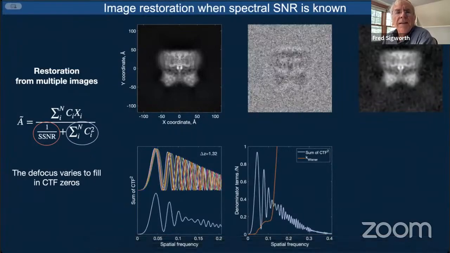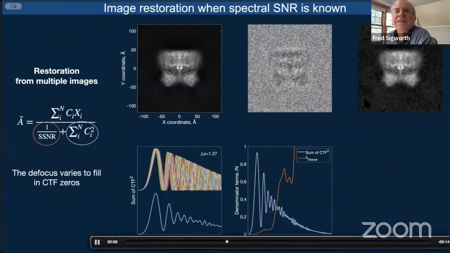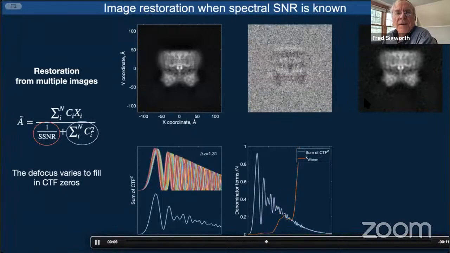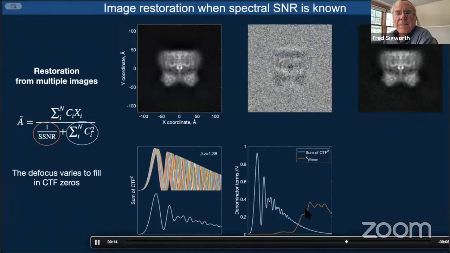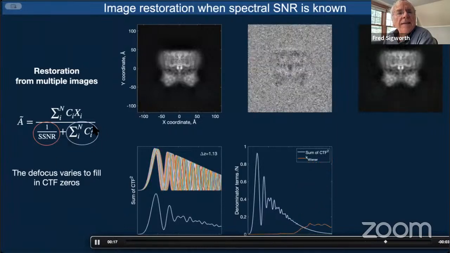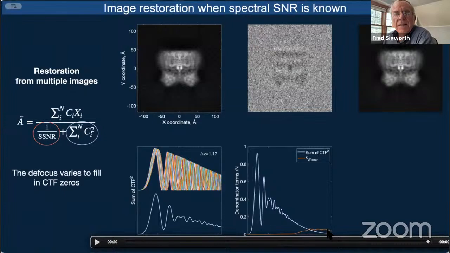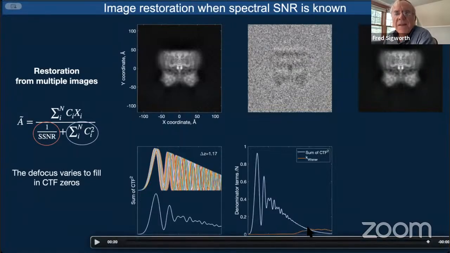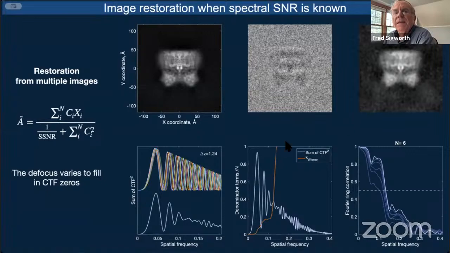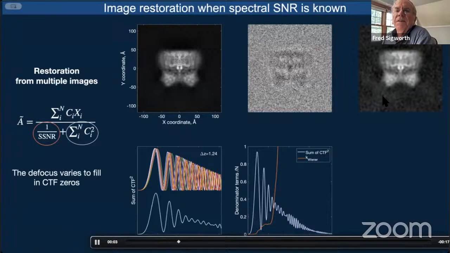So now I'm going to add a bunch more images, 10, 15, and so on. More and more images, and as we increase the number of images, this term grows, and that one remains the same, but relatively the contribution of this Wiener regularization term becomes smaller and smaller, and we get a better and better reproduction of the original.